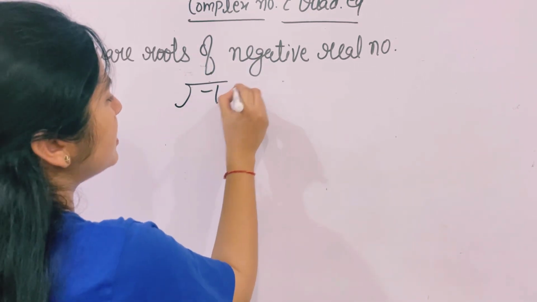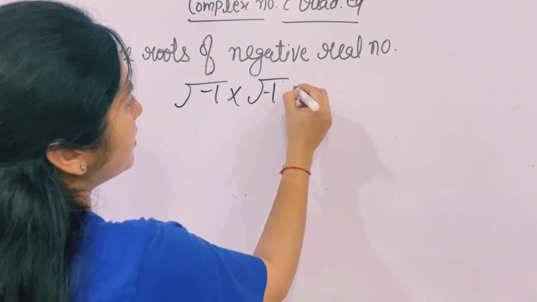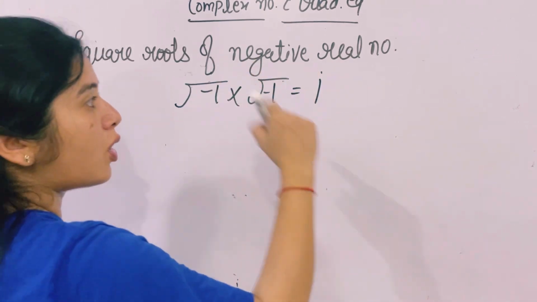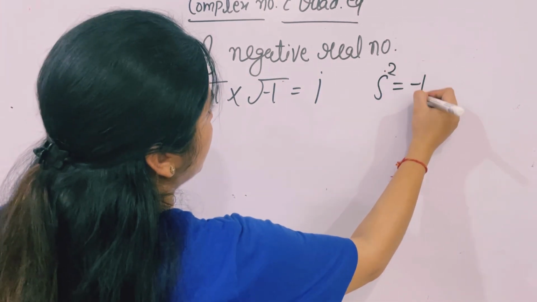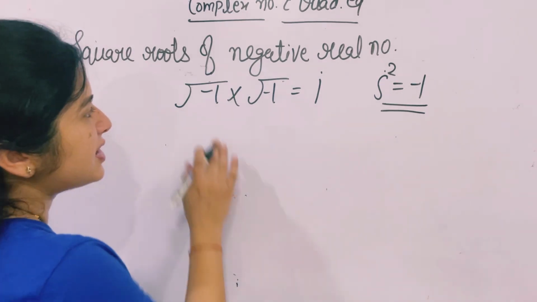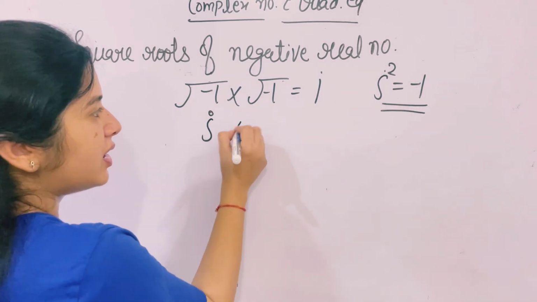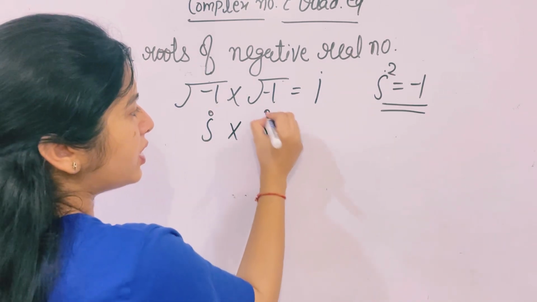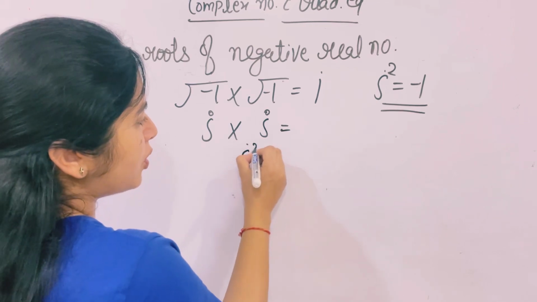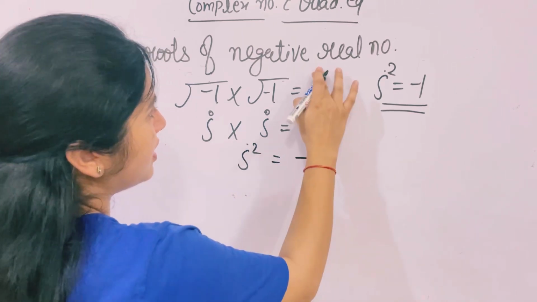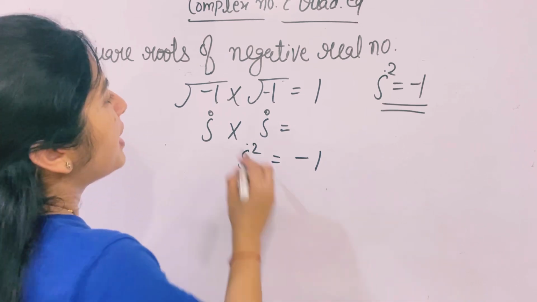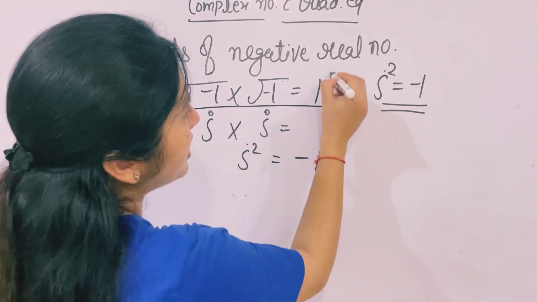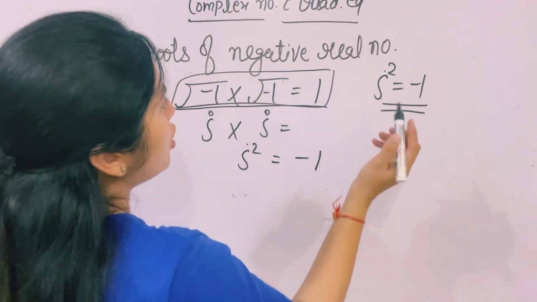Root minus 1 is iota, so it should be iota square, which becomes minus 1. But if we apply this rule, it becomes 1, which is contradictory.